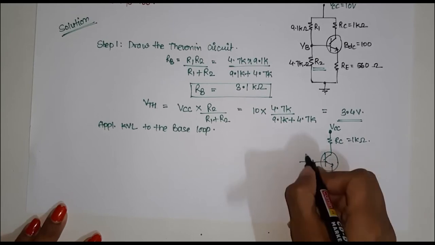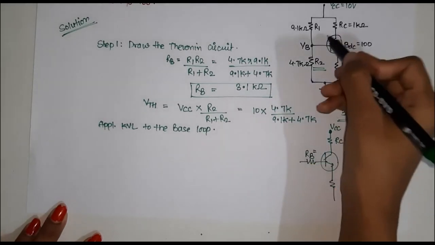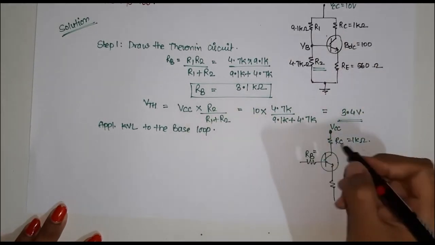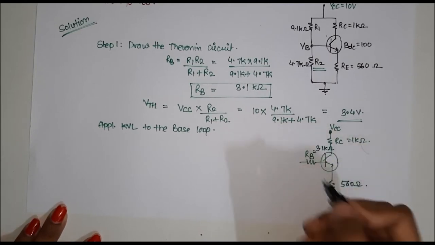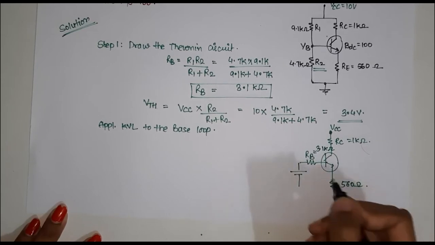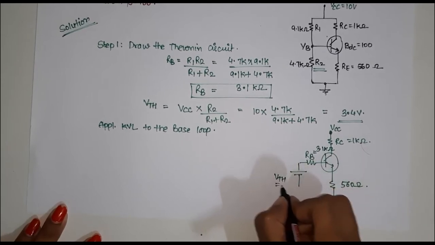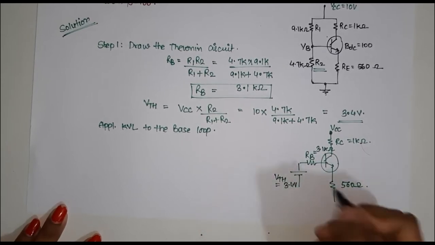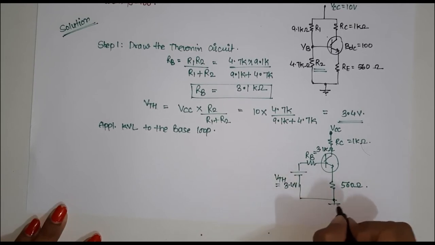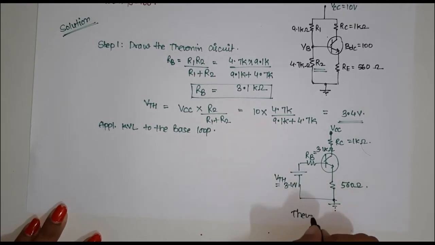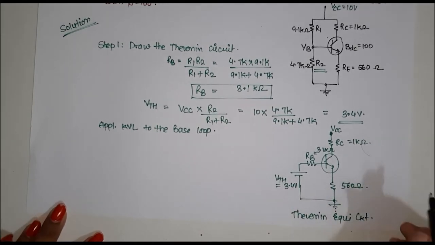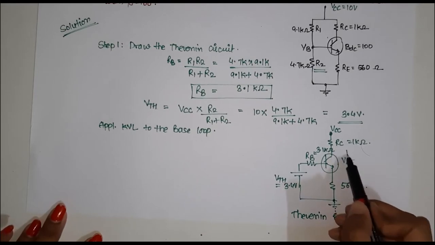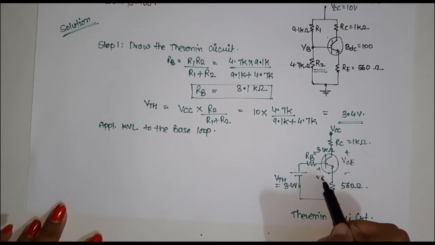This is the value of RB. Okay, यानी कि R1 R2 का जो हमने Thevenin circuit से निकाला, the value of RB is 3.1 kilo ohms. Okay, and the value of VTH that we received was 3.4 volts. Okay, so this is our Thevenin equivalent circuit. This is, you can say, VCE plus minus VBE.